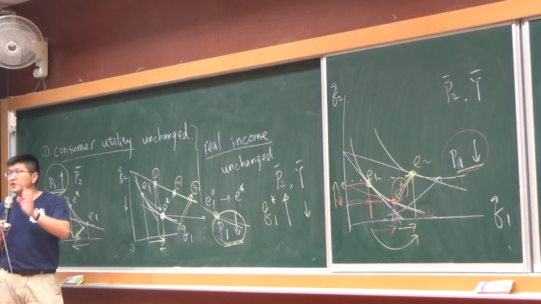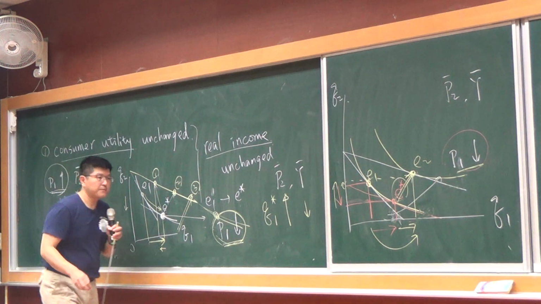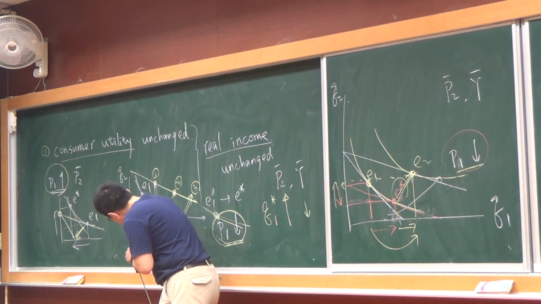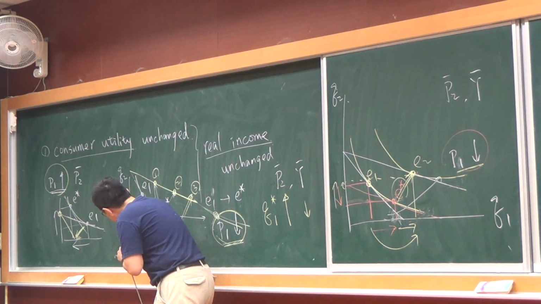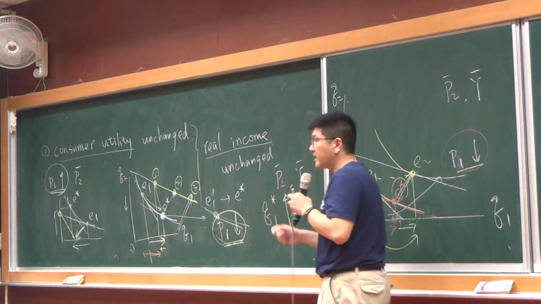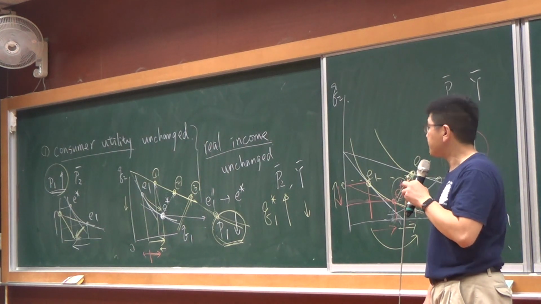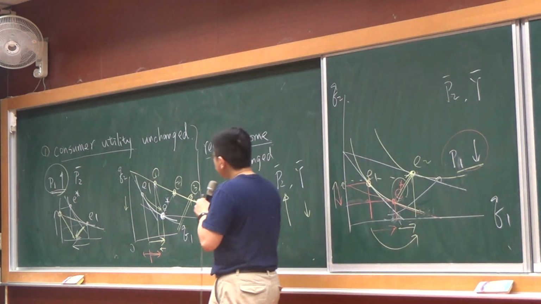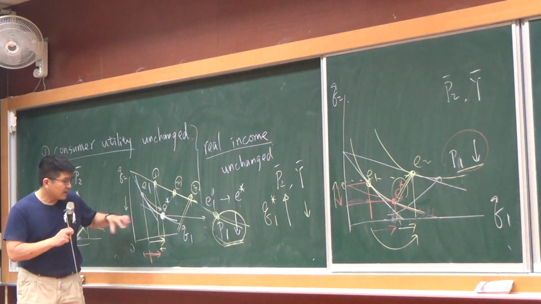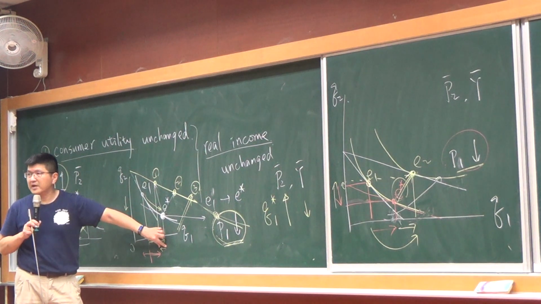And the resulting direction should be here or should be here. It depends on the relative effects of substitution and income effect. The case I show you here is we got a higher substitution effect and a lower income effect.